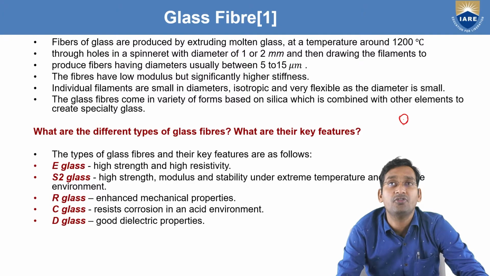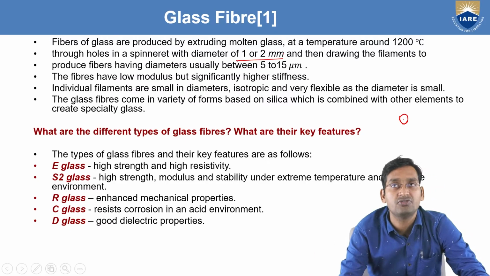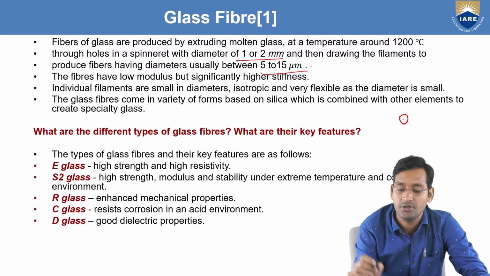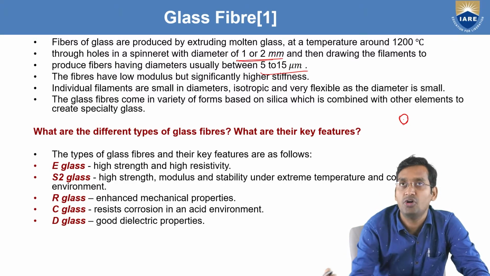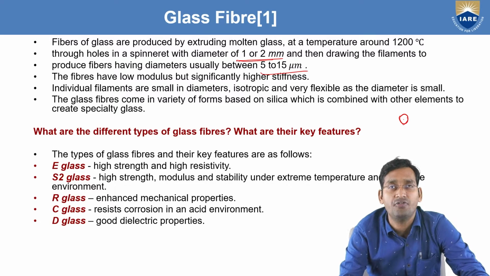And then drawing the filament to produce fiber having diameters usually between 5 to 15 micrometers. So first we draw at 1 to 2 mm, and later convert it into filament. The molten glass is drawn at 1 to 2 mm diameter, and then drawn in the form of filament.